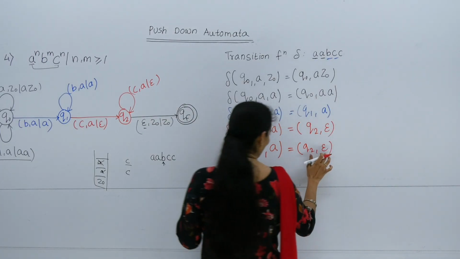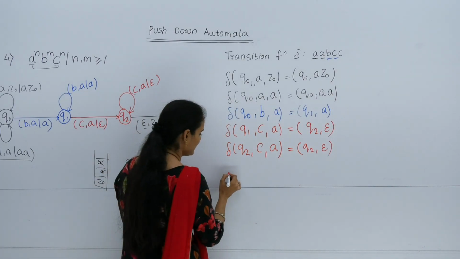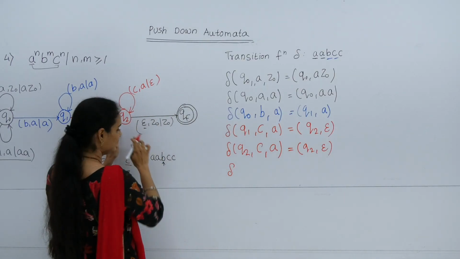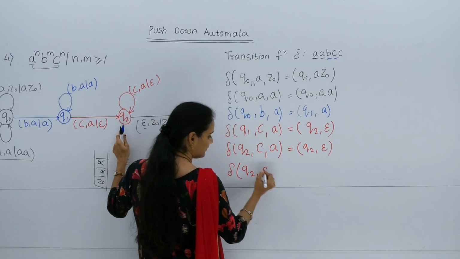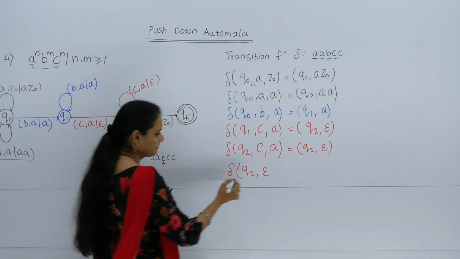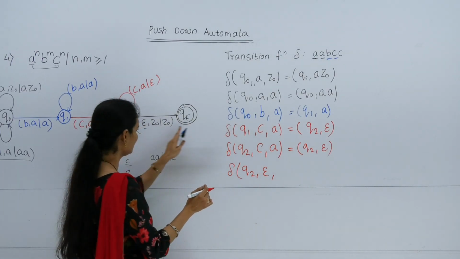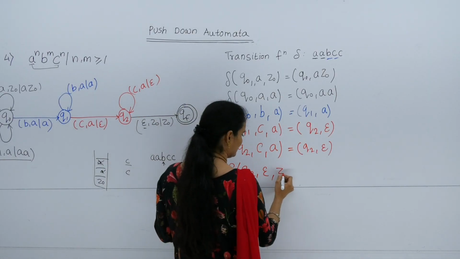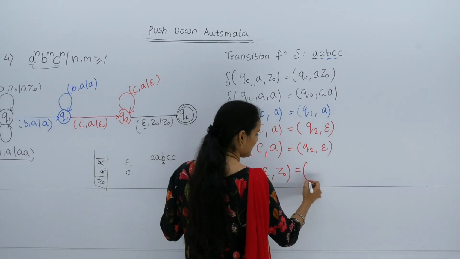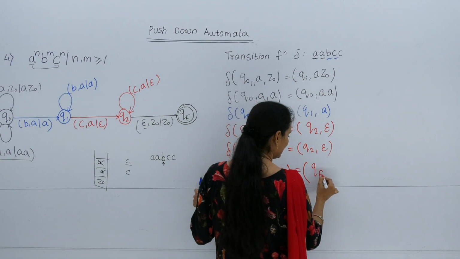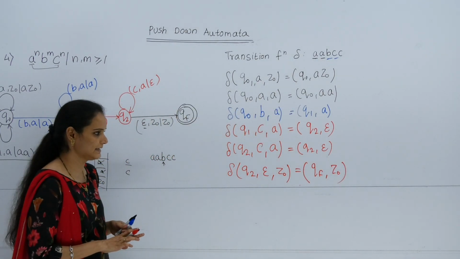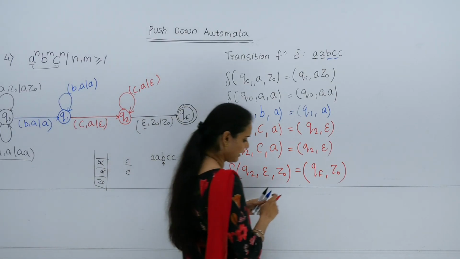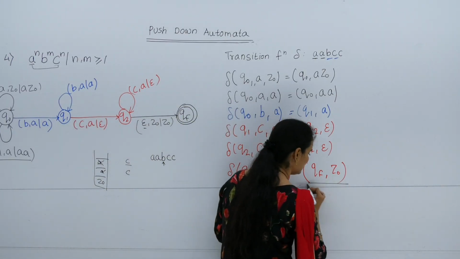Now our stack becomes empty and we are at the Q2 state. So delta Q2, and the input to be read is null. When I read null, it goes to the Q final state. Top of the stack is Z0 and I reached the Q final state, and the stack contents are Z0.